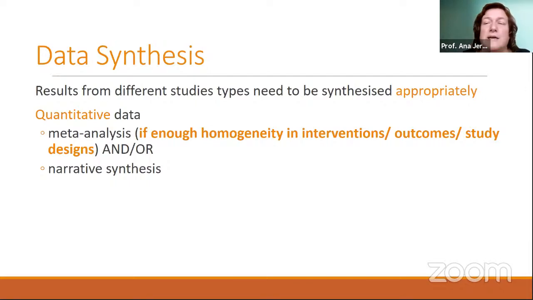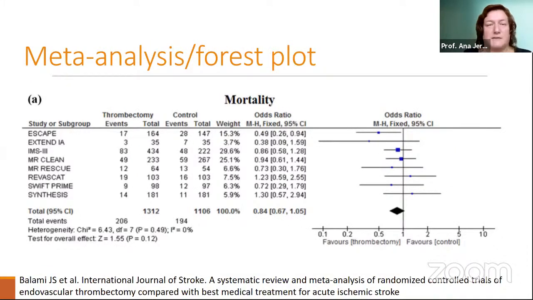Because often people want to do meta-analysis no matter what the cost is, and we have a lot of meta-analyses which are meaningless because they are summarizing quite different phenomena from different studies. We can also have narrative studies if meta-analysis is not possible, or we can complement meta-analysis with narrative studies.